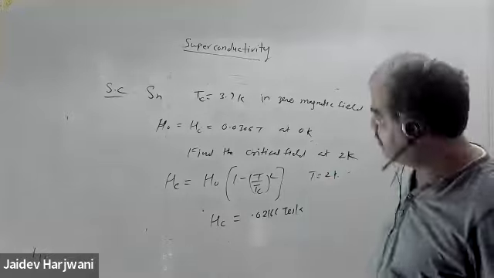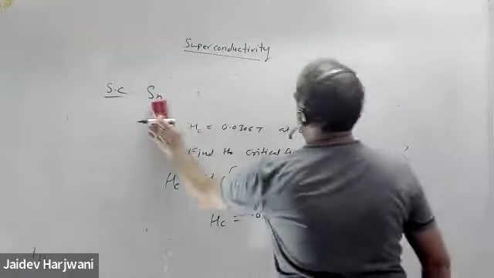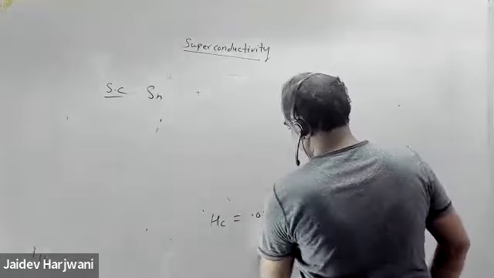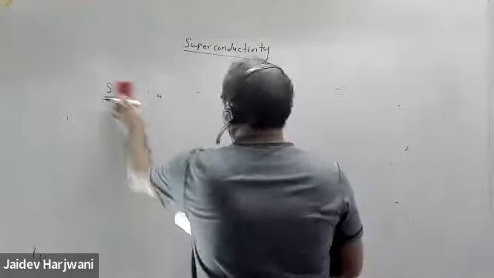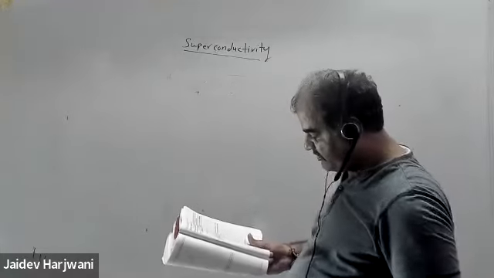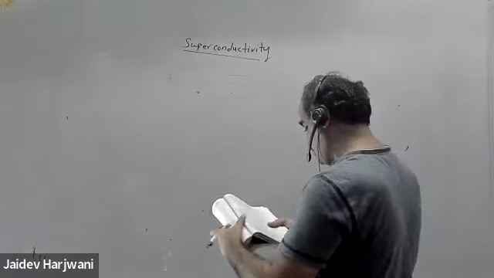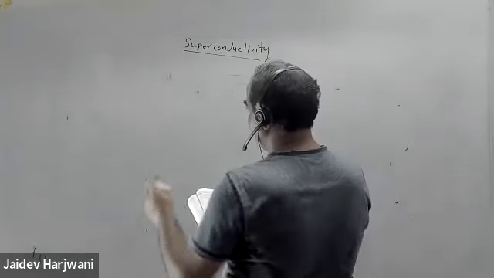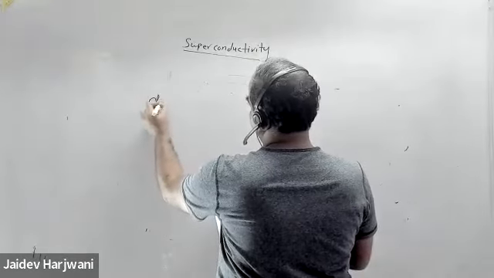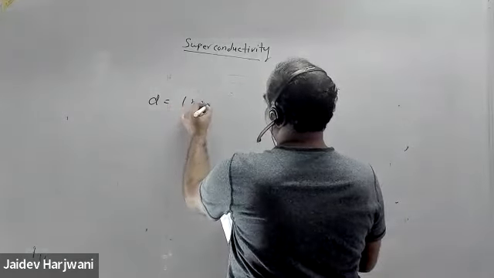Calculate the critical current which can flow through a long thin superconducting wire of aluminum of diameter 1 mm. Okay, so diameter of wire is given 1 mm.